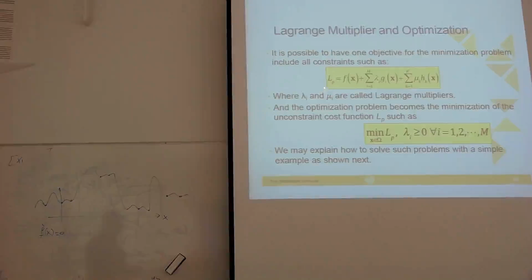We find the gradient of this L_P with respect to vector x equal to 0, and we also differentiate this with respect to lambda and mu, and set them equal to 0.